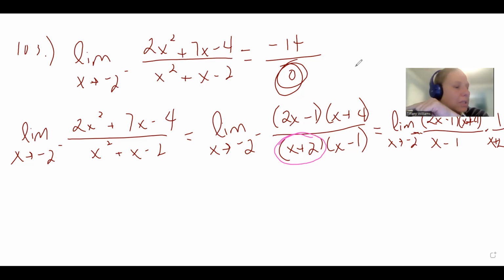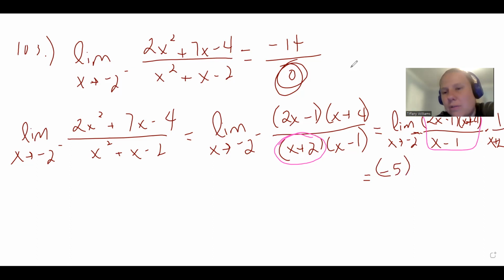Now I'm going to actually go back here in just a second. So let's do a direct substitution right quick. If I plug in -2 into that piece there, let's talk about what we get. The limit as x approaches -2 from the left is going to give me 2 times -2, which is -4. -4 minus 1 is -5.